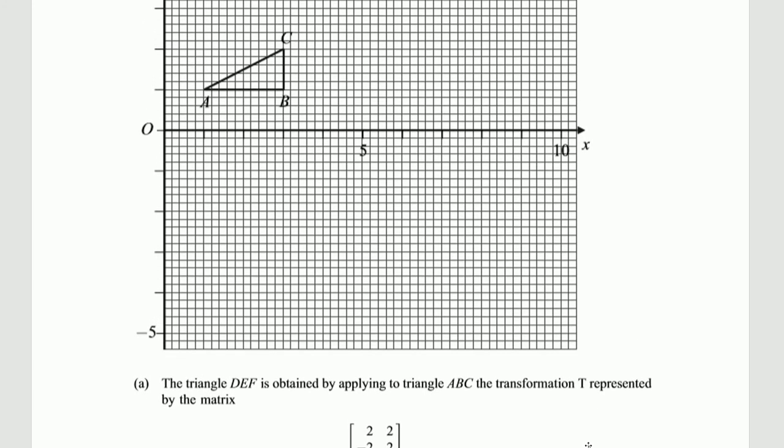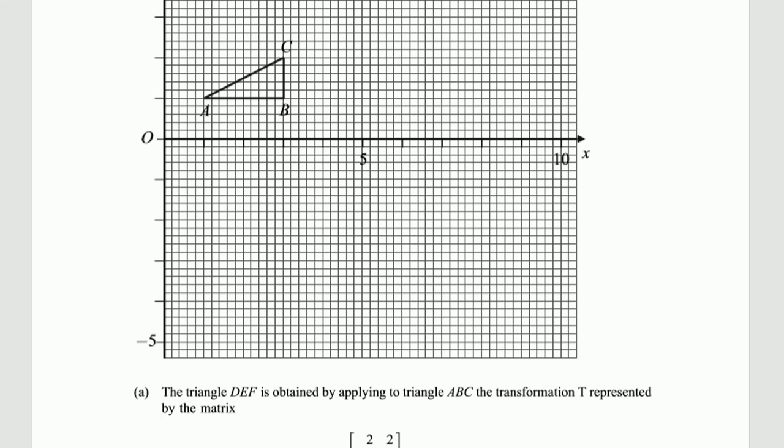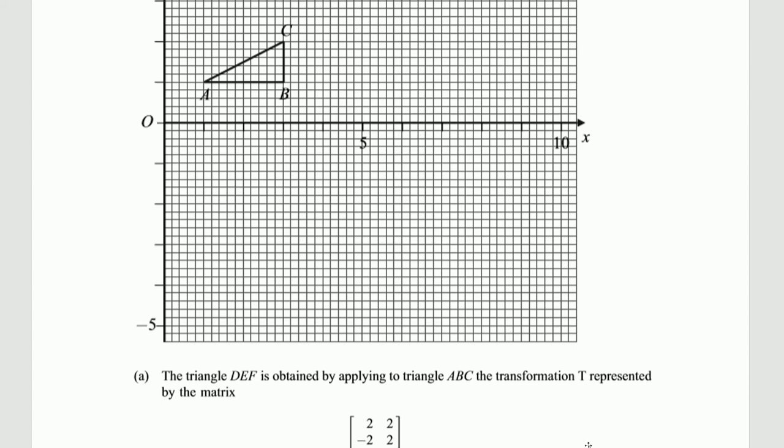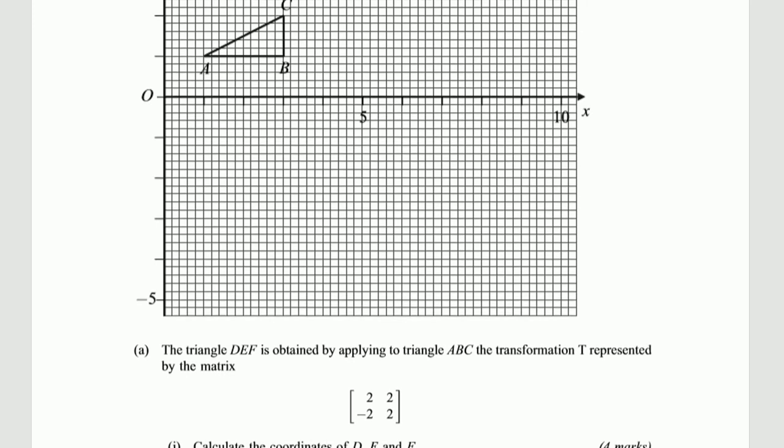The triangle DEF is obtained by applying to triangle ABC the transformation T represented by this matrix.